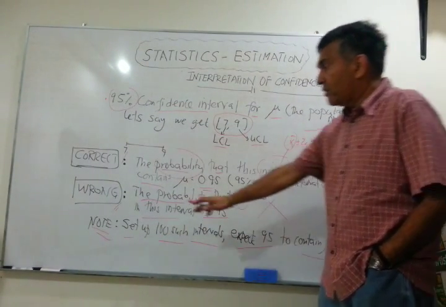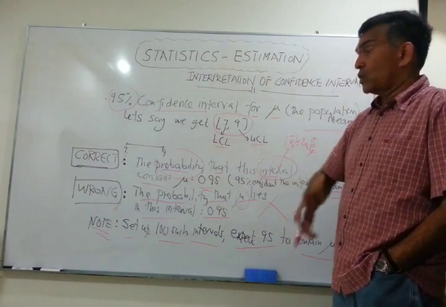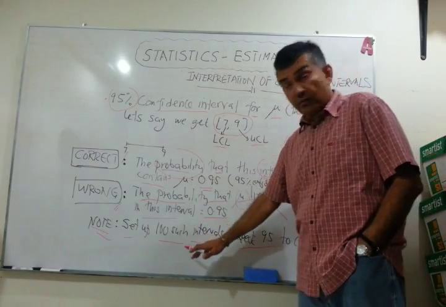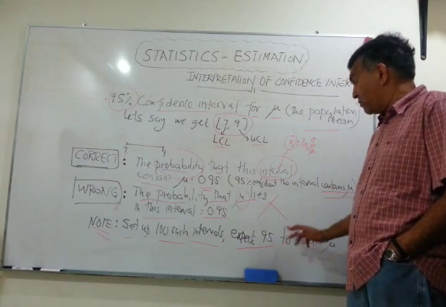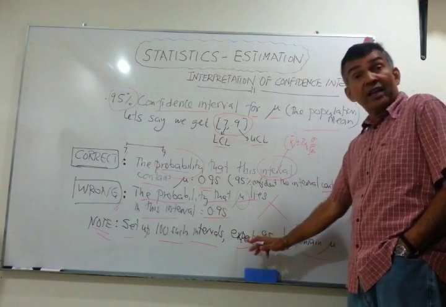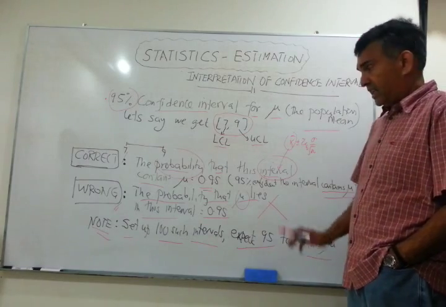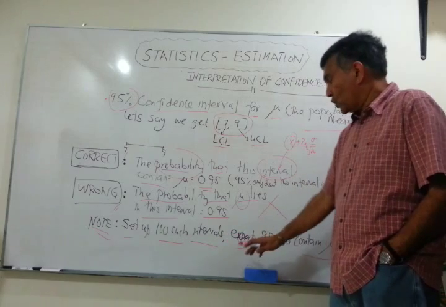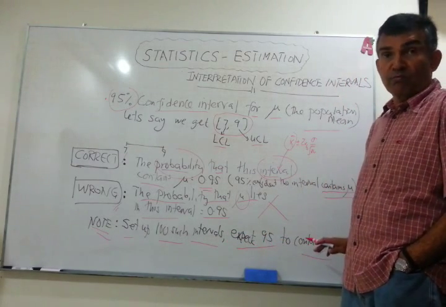That is, you will have 100 confidence intervals, 95% confidence intervals, and we expect 95 of the 100 to contain mu.